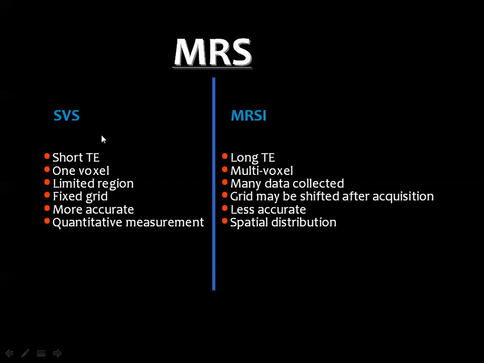This is the single voxel technique and the multivoxel technique. This one uses the short echo time, and this one uses the long echo time. Here is the single voxel, and here are multiple voxels, which sample a limited region, and in this area you can collect many data, as I will show you.